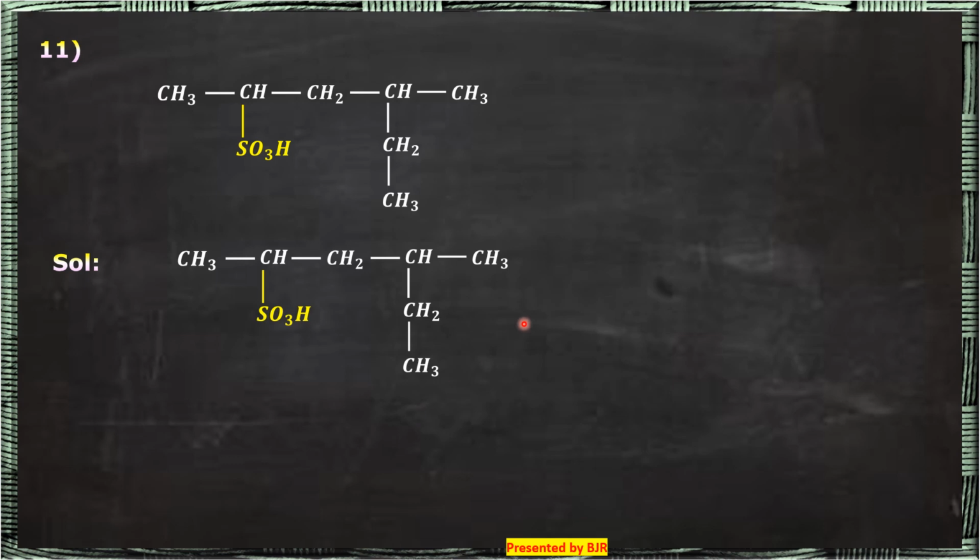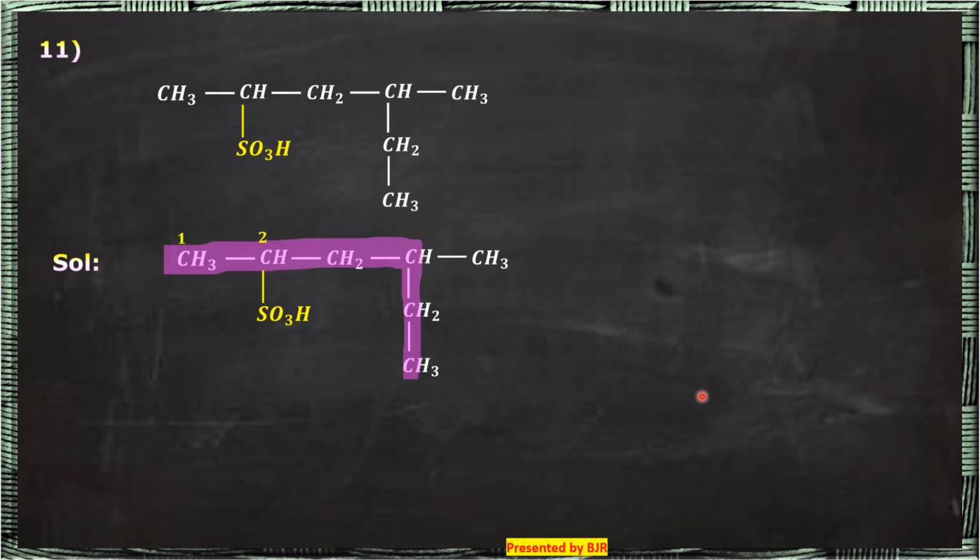Next, problem number 11. Solution. This is an organic compound that contains the SO3H sulfonic acid functional group, and I am selecting this as the parent chain, the longest continuous chain of carbon atoms. The numbering of the parent chain is done in such a way that the carbon atom bearing the functional group should get the lowest possible number.